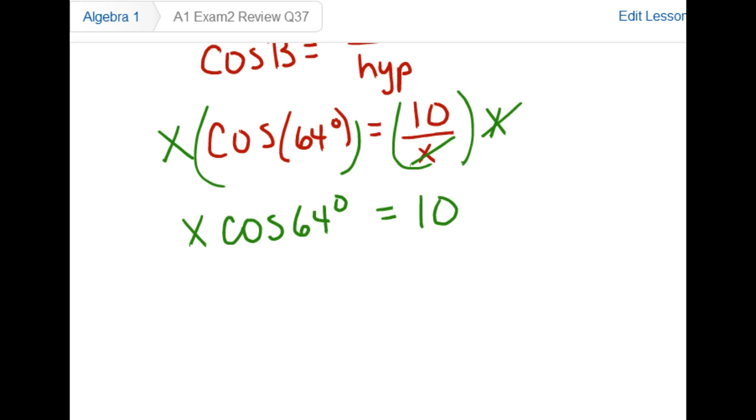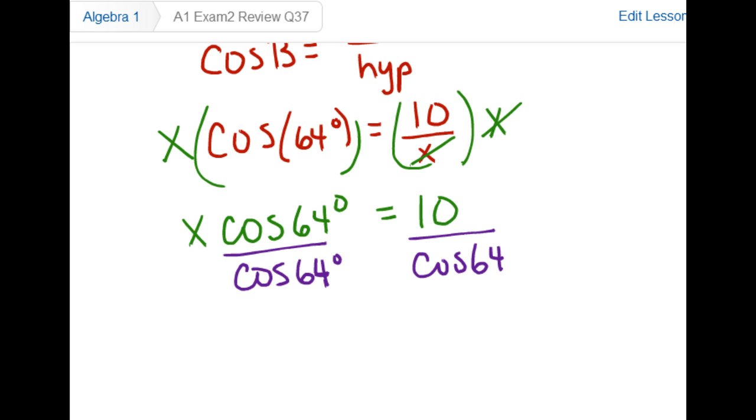Now we're solving for x, so we'll divide both sides by cosine 64 degrees. So x equals 10 divided by cosine of 64 degrees, which is about equal to 22.8. And that's our answer.